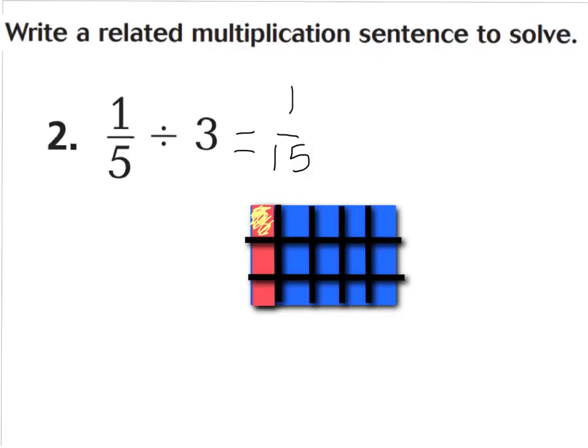And our related multiplication sentence would be 1/5 times 1/3, because we're finding 1/3 of our 1/5 part, which would equal 1/15. And there's my 1/15 portion.